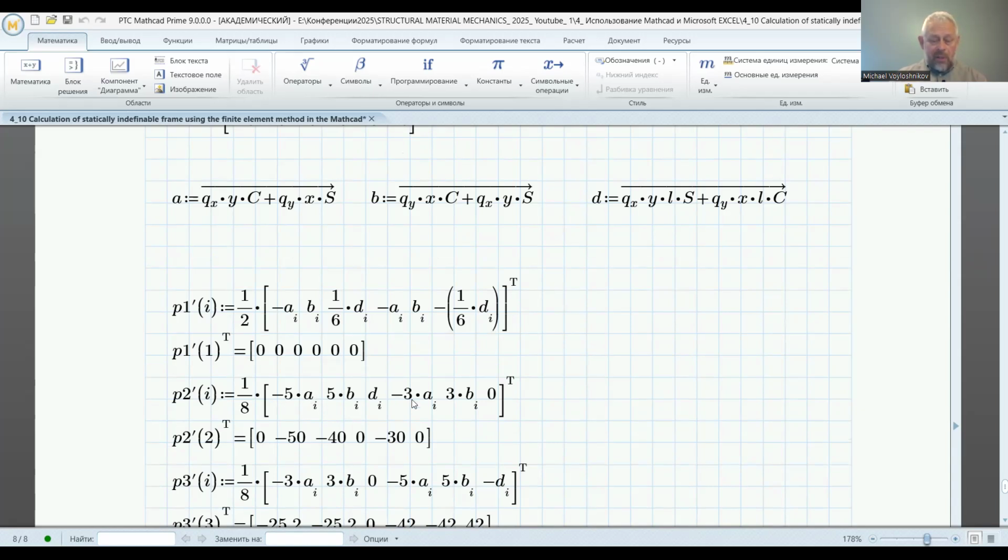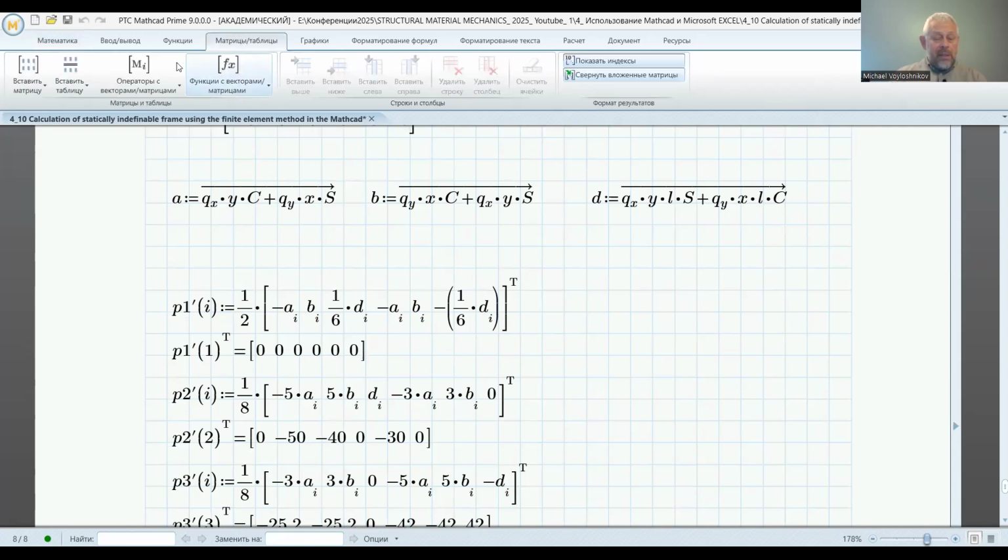Each vector has 6 components, so 3 reactions: 2 forces and a moment, 2 forces and a moment, in the single span finite element of the first type. And we can define the components if we set these vectors. These vectors A, B, C are functions, with a sign available in Mathcad when we access the matrix panel.